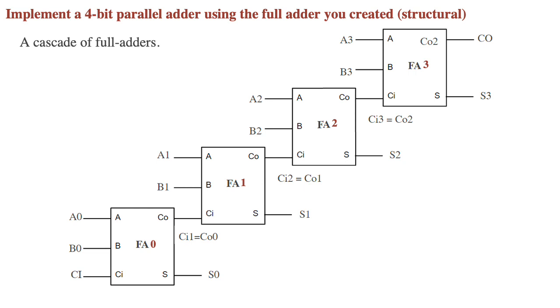And the first Cn we'll use as an input to the parallel adder. So anything in between is going to be an internal signal. Anything that's not an internal signal means it's an input or an output, which means it's a port that needs to be defined in the entity part of the code.